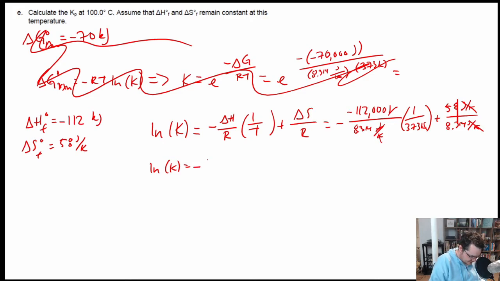So you get negative 36.12 plus 58 divided by 8.314, which is 6.98. Put those two together, you get negative 36.12 plus 6.98, so you get negative 29.14.